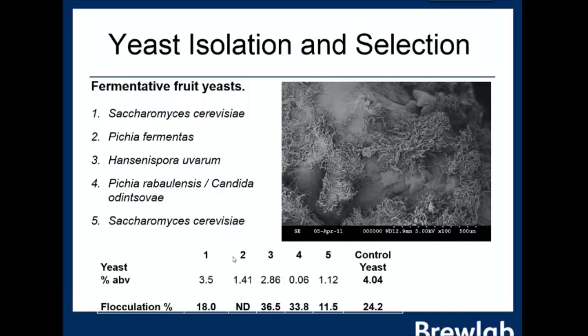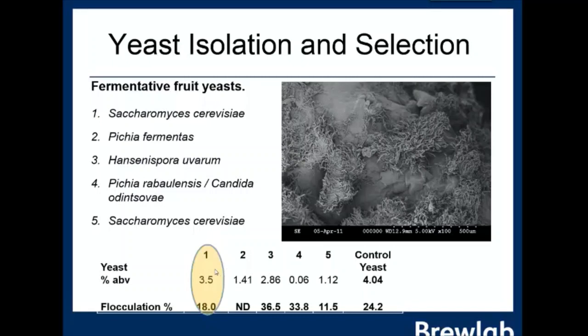Now we then further processed those to look at the physiology. How would they react in fermentation conditions? And we found that they produced different levels of alcohol, ethanol. A control yeast gave 4%, yeast number 1 gave 3.5%. So that might well be worth looking at in maybe a pure culture condition.